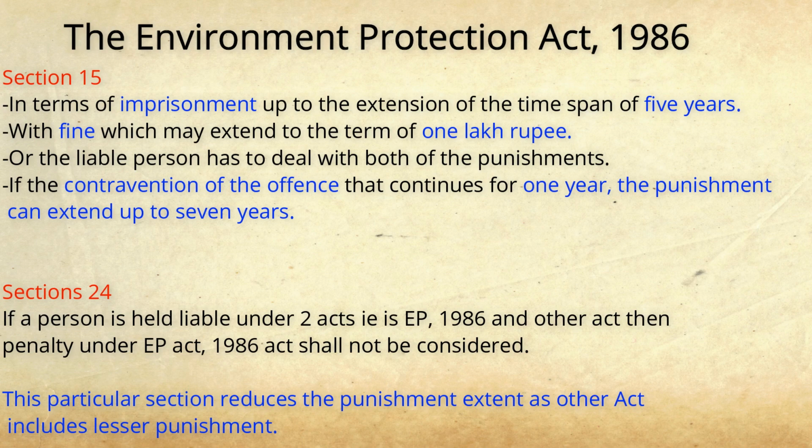If the contravention continues for 1 year, the punishment can extend up to 7 years. Also, Section 24 provides that if an offense is punishable under the Environmental Protection Act and also under other acts, then the person shall not be liable under the Environmental Protection Act. This particularly applies where the other act includes a lesser punishment.